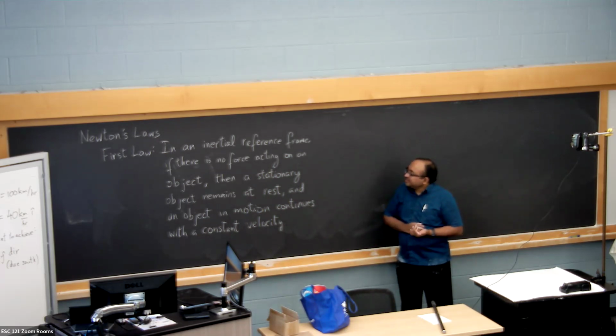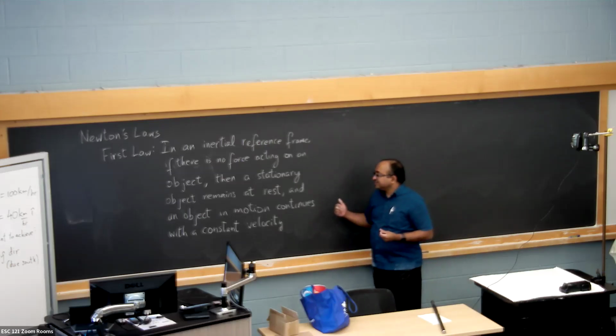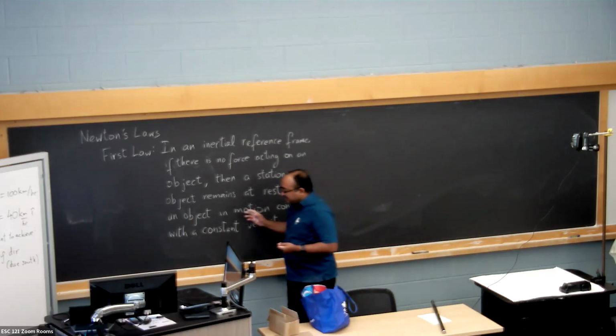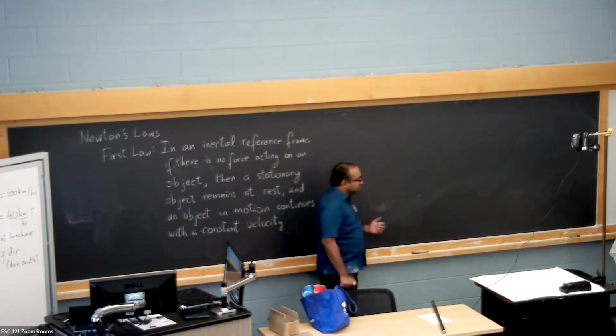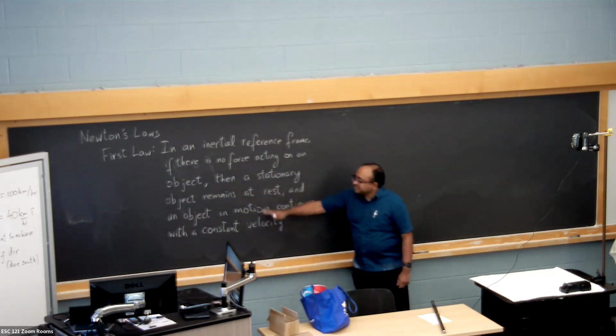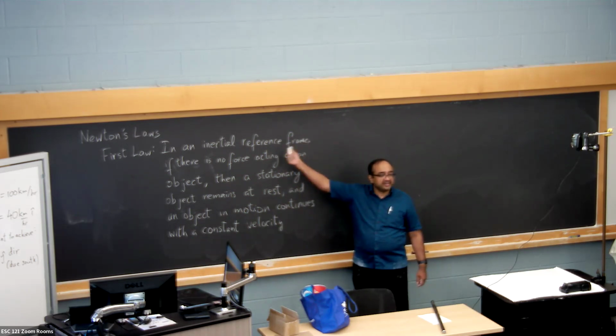All right. So then the question becomes, what is an inertial reference frame? And this is actually what the first law is all about. It is defining an inertial reference frame. This is basically a test, and if your object passes this test, then you know that you are in an inertial reference frame.